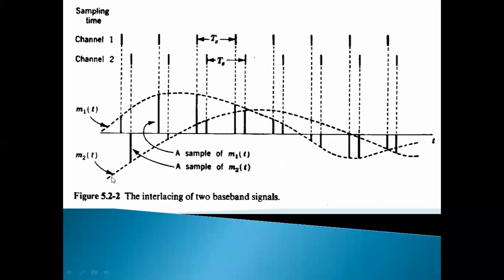There are M1 and M2, two signals considered here in this example. M1 has sample 1 and M2 has sample 1. Channel 1, channel 2: M1 has the first sample, M2 also the first sample. This is the set of first samples. This is a set of second samples. This is a set of third samples. This is a set of fourth samples. This is a set of fifth samples.